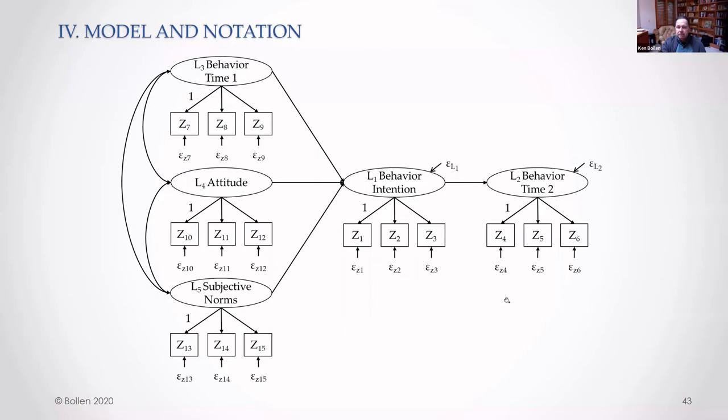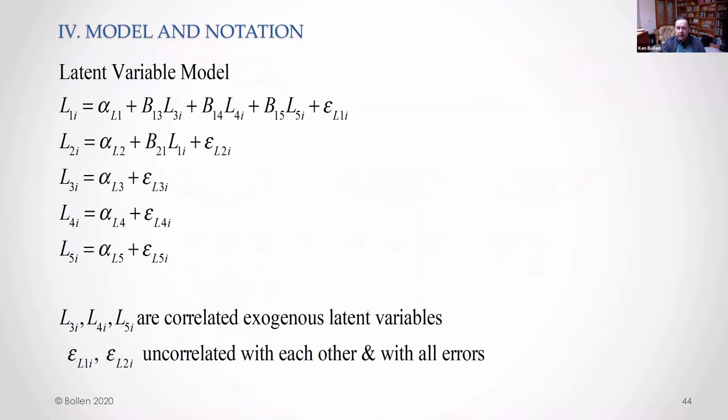So this is the picture. This is the path diagram. And these are the equations that correspond to the path diagram. As we'll talk about, the path diagram is a picture of a set of simultaneous equations.